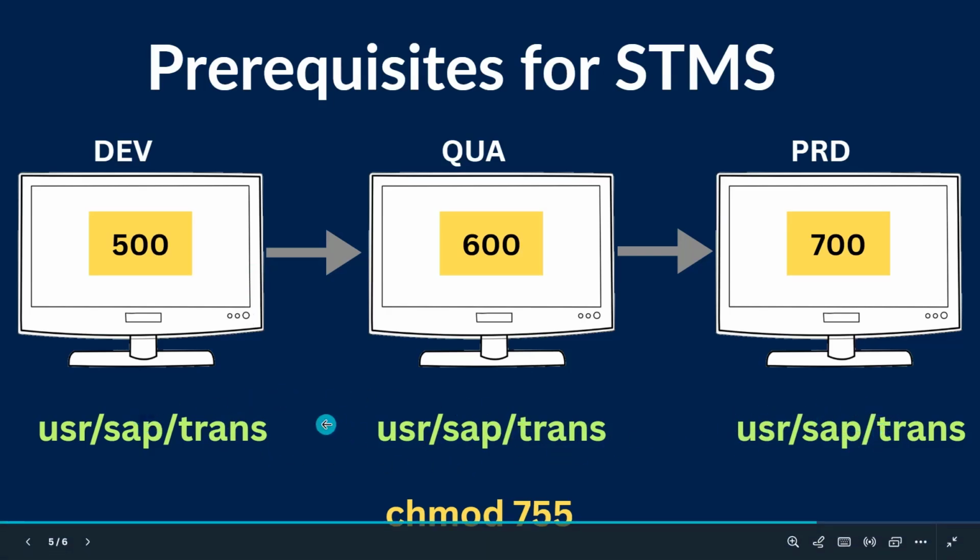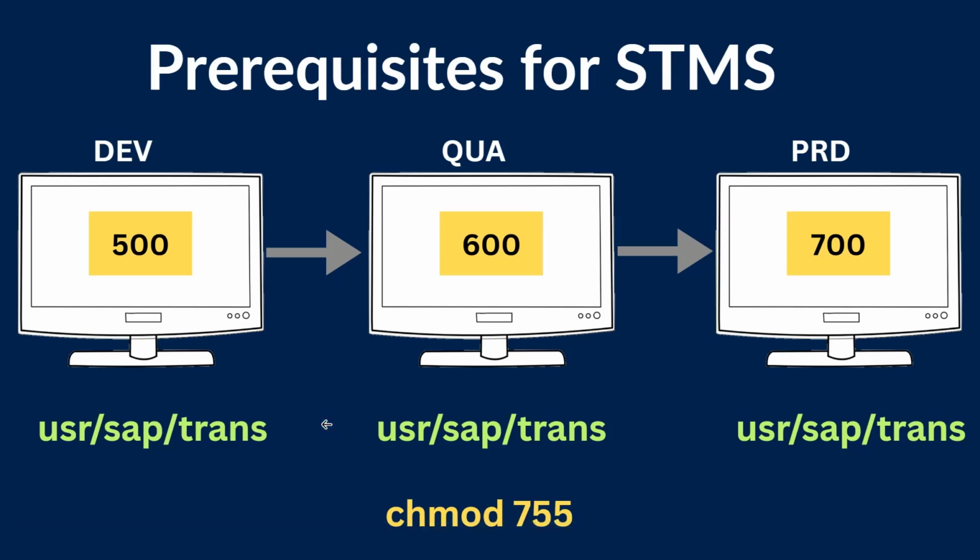We are going to do that at OS level. If you have the permissions, you can do it yourself; otherwise, you can give it to the OS team, and they will make it available for the entire landscape.